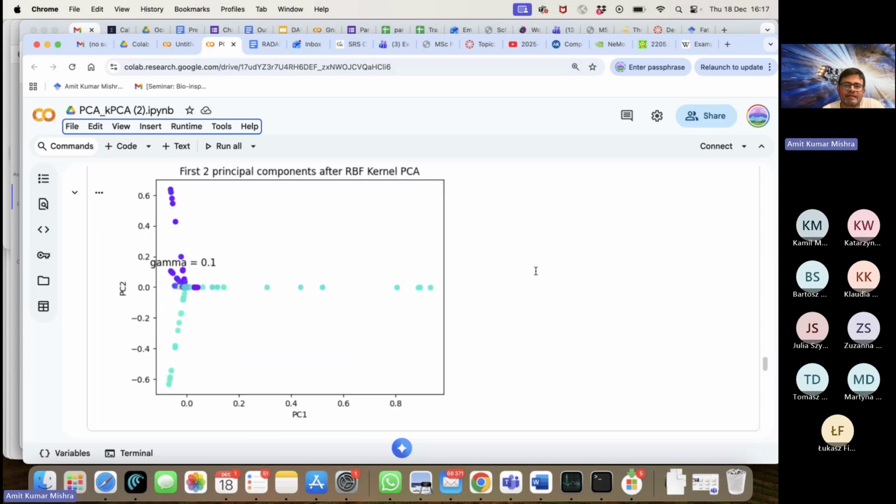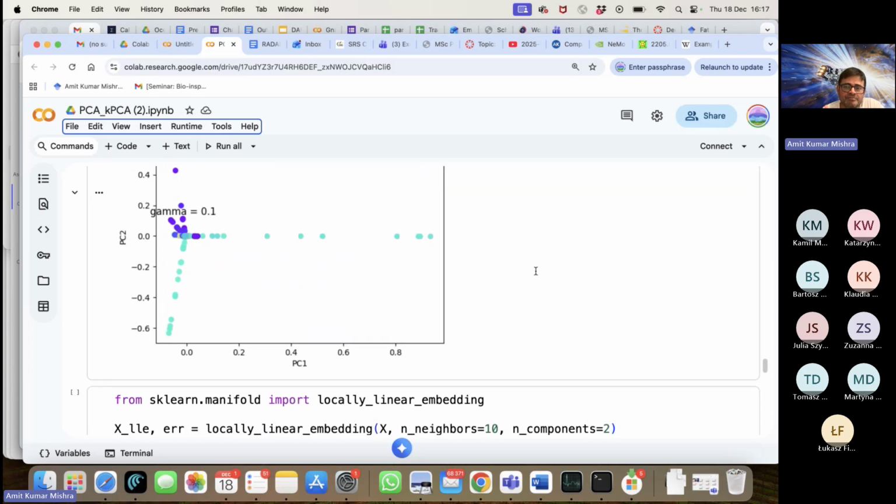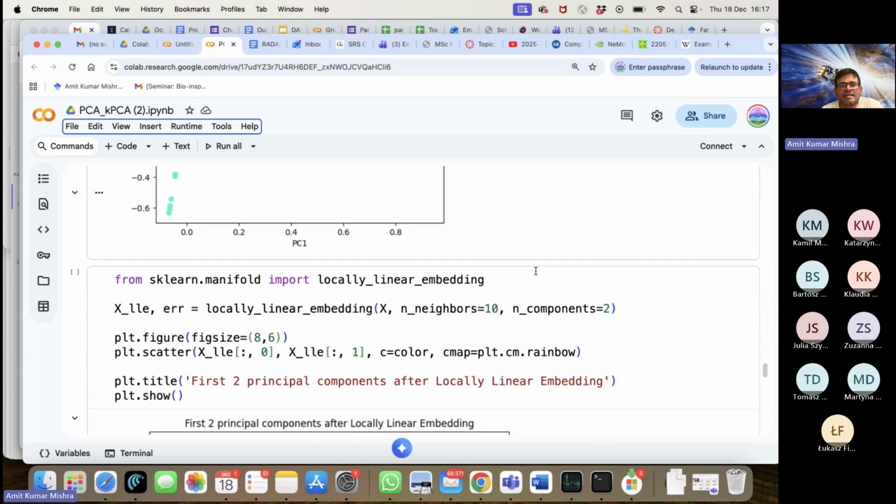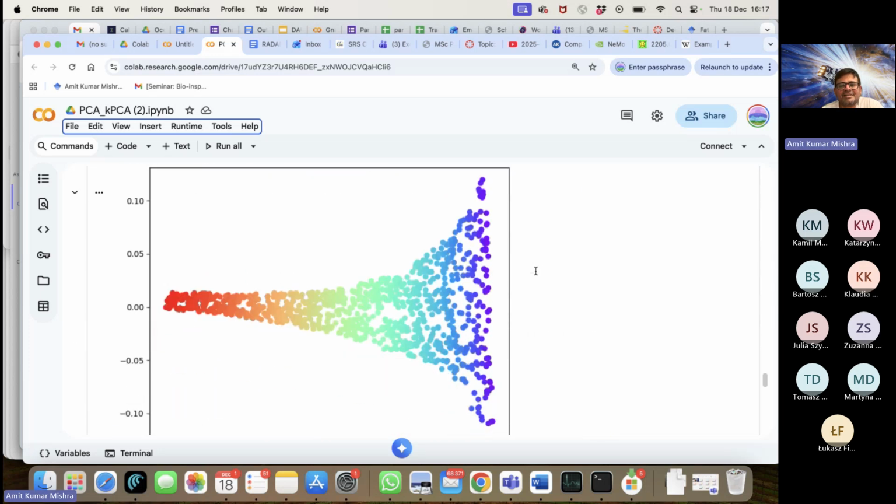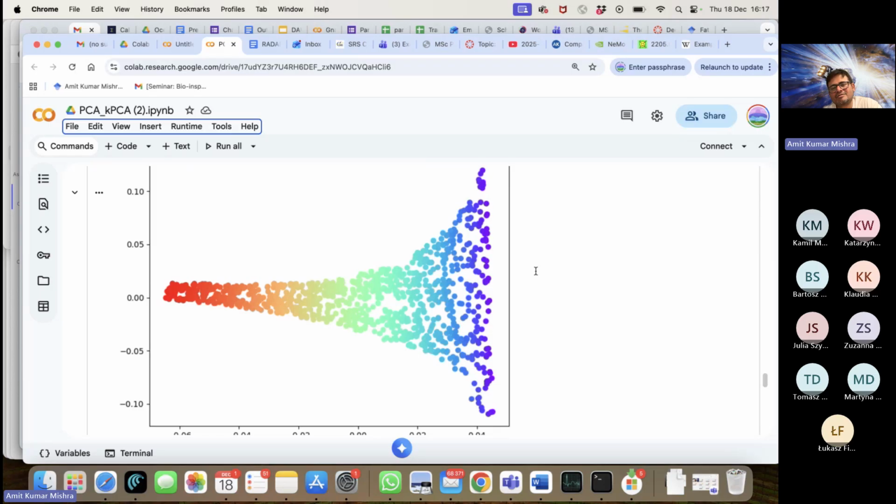Now we'll come to the algorithms that have been developed only for visualization, like locally linear embedding, LLE, t-SNE, etc. You apply LLE and you see how beautifully it has separated them out. It has traced them out, because your goal was to preserve the structure, and by preserving the structure you can see that the data actually has a couple of classes that are well separated.